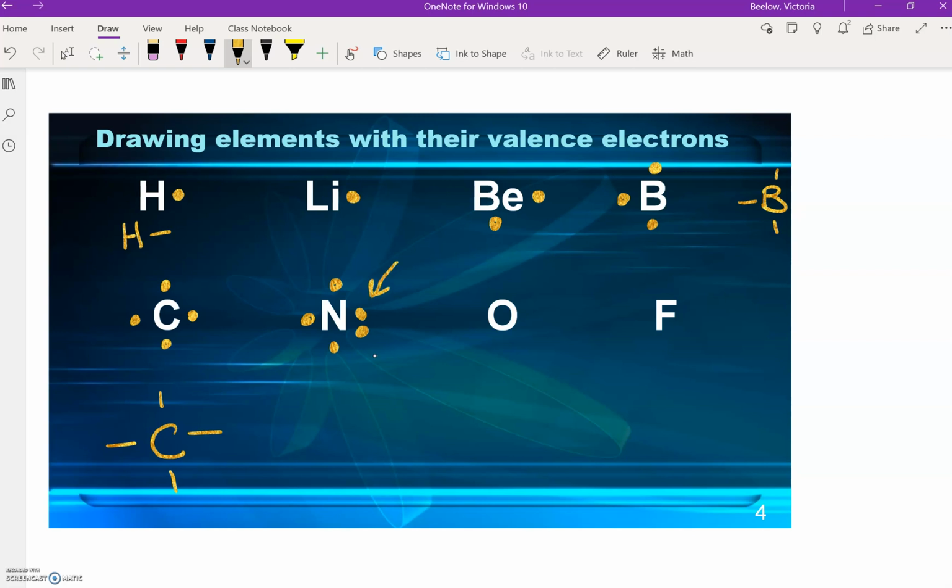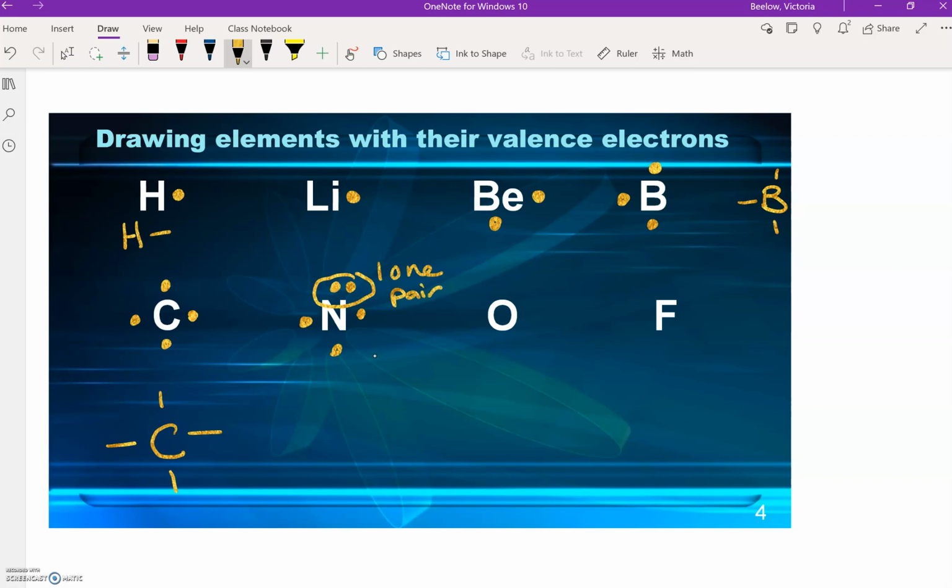Do you always have to start on this side? No. I could have done this too. I could have done 1, 2, 3, 4, 5. The key thing is to draw 1 on each side before we start pairing them up. So this right here is what we call a lone pair.